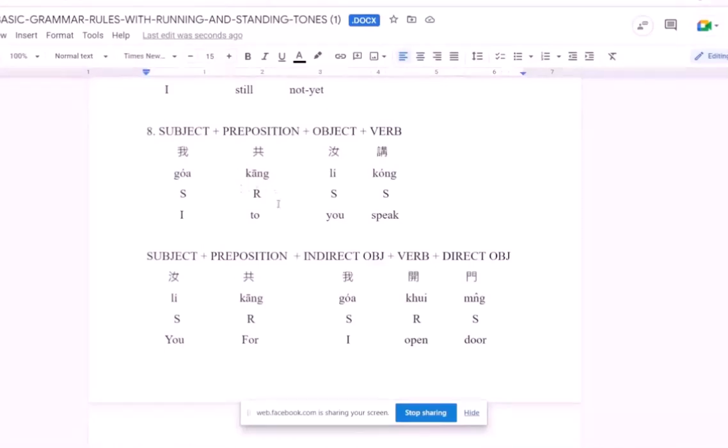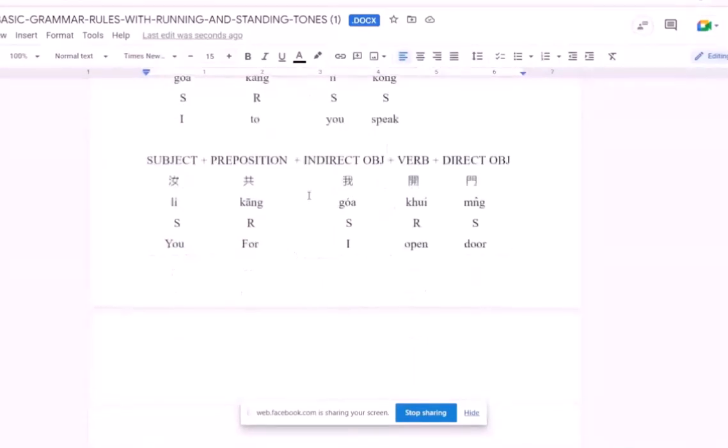So the kang here is a running tone, so it becomes kang, a low flat. And this means to. I to you speak. And then you could continue on your sentence and speak to them. What do you want to say?